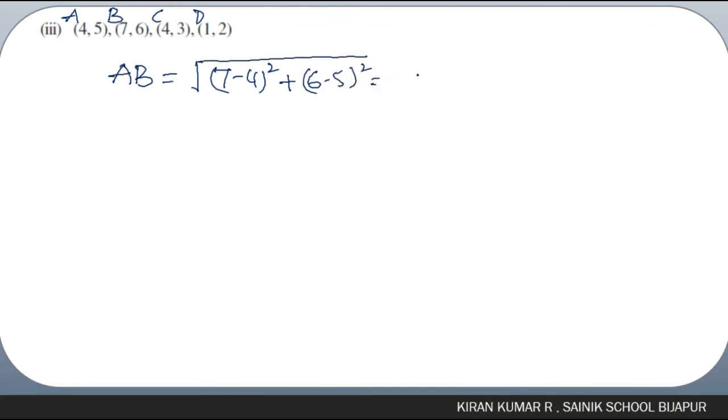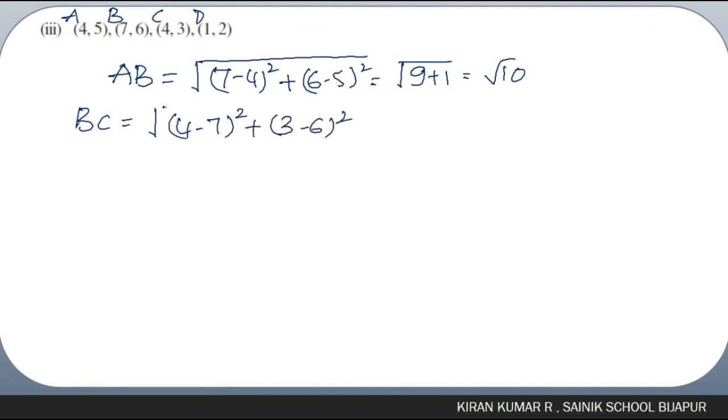Third sub question. Again, I'll name the points as the letters A, B, C, D. Now I'd like to find the length AB, which is root of (7 − 4) square plus (6 − 5) square, which will be root of 9 plus 1, nothing but root 10. The length BC will be root of (4 − 7) whole square plus (3 − 6) whole square.